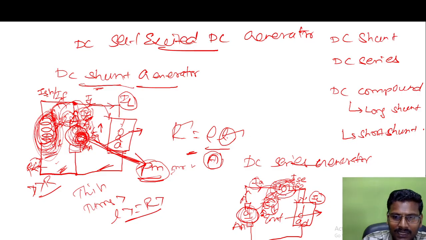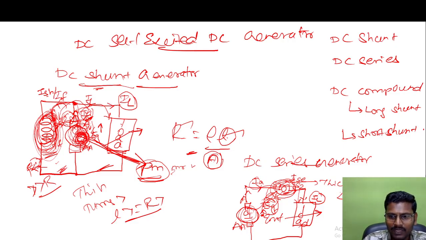The conductor size is very thick in a DC series generator, and the resistance is very low, and the length is also very small. Look at the number of turns here: at most it will be 1 or 2.